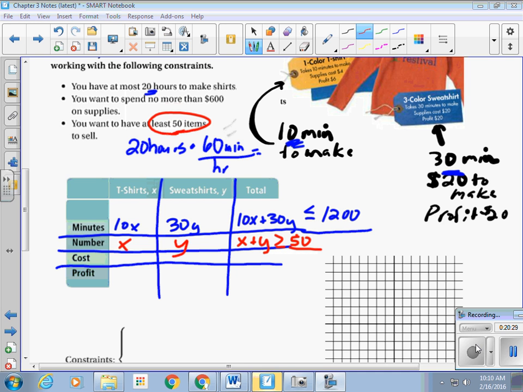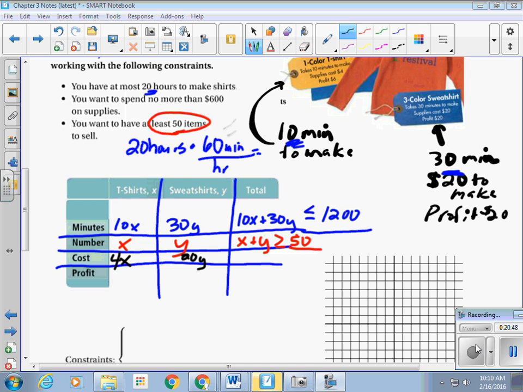So our cost: it costs $4 to make a t-shirt times however many t-shirts we make, and it costs $20 to make a sweatshirt times however many sweatshirts we produce.